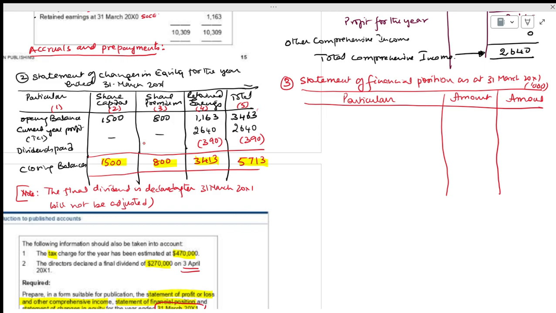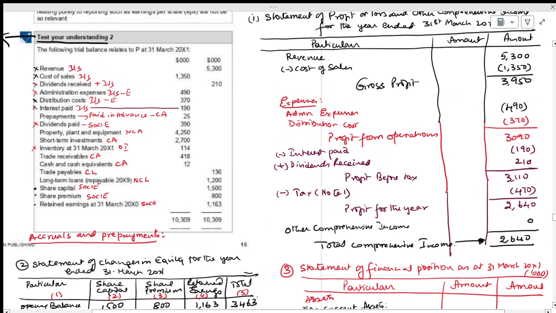First, assets. Okay, non-current assets. Nothing is there. Property, plant, and no accumulated depreciation. Accumulated depreciation is not there in the adjustments or additional information.